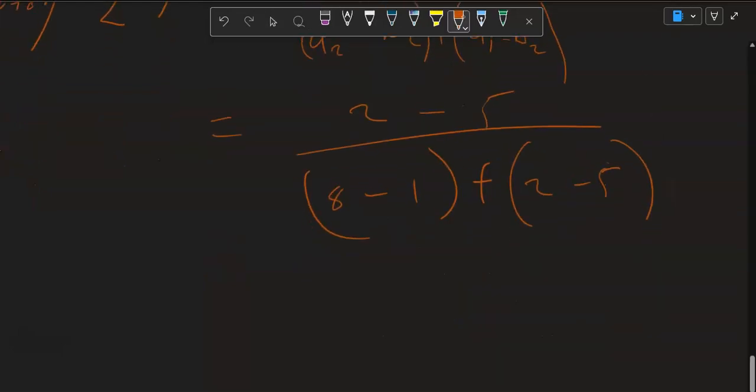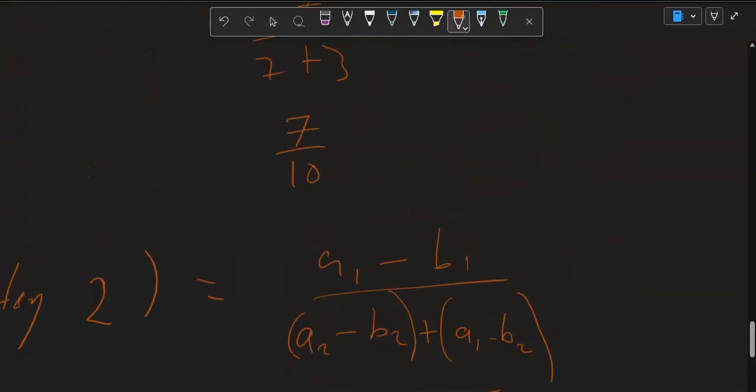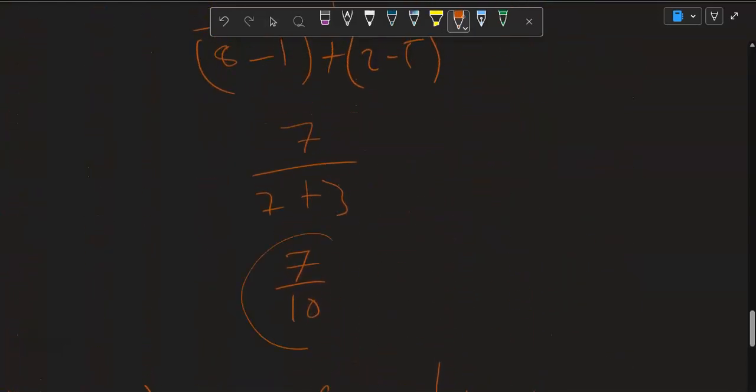So that will give us 7, plus 2 minus 5, that is 3. So it's 7 over 10.